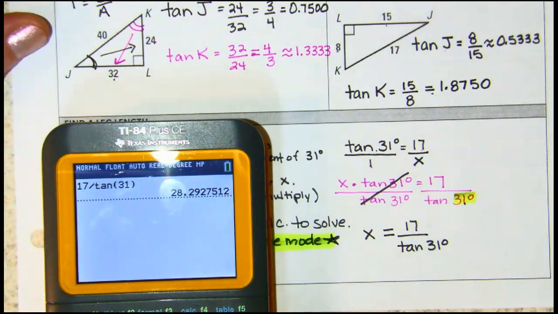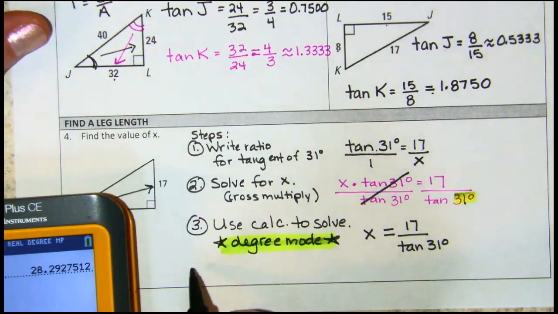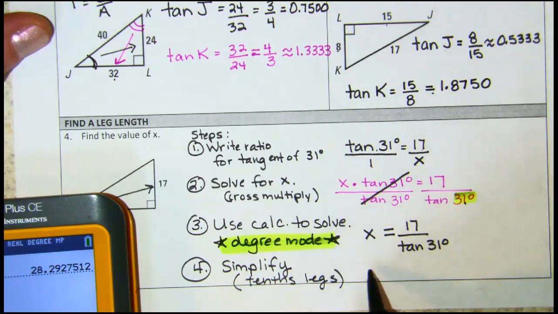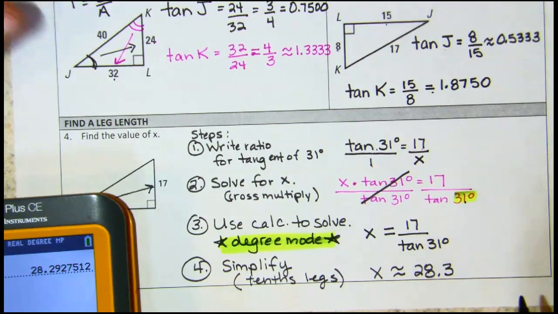So that is going to be the last step. Step 4. Simplify. And for this, we are going to always do tenths for legs. So x is approximately 28.3. We do not have units, so it's just 28.3.